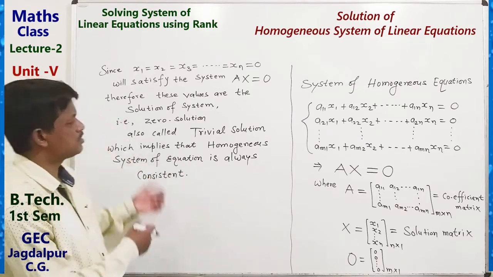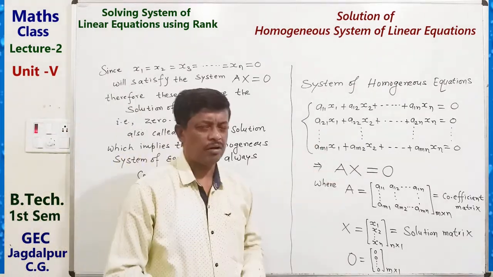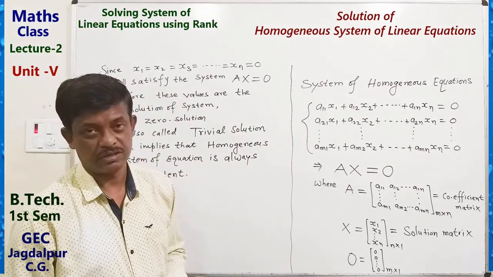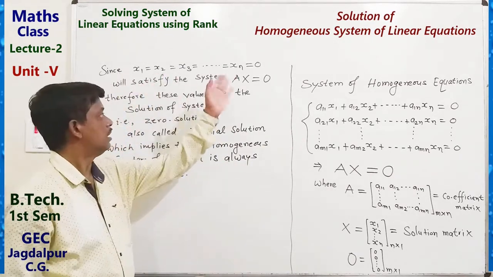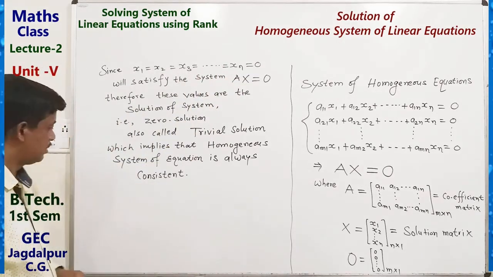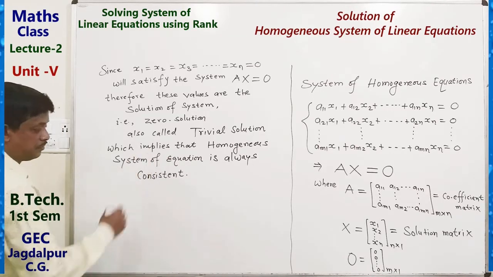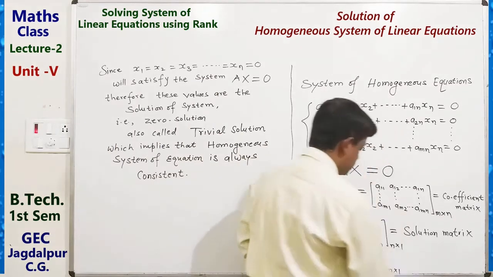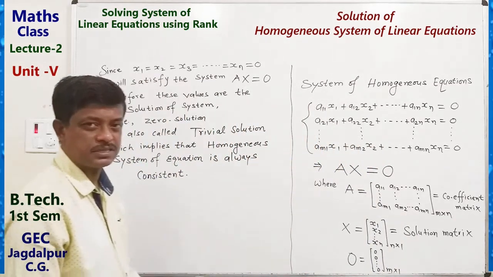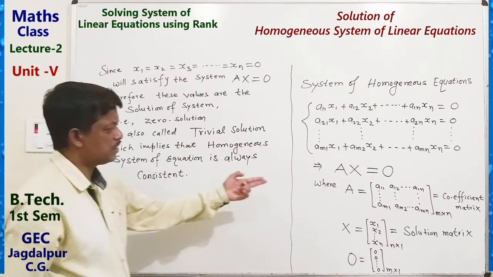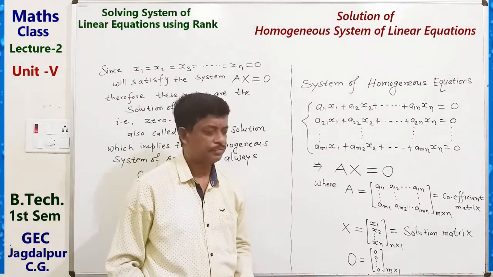But this is the trivial zero solution, so our main target is finding the non-trivial solution, that is, where the values of x, y, z, or x1, x2, x3 up to xn are not all 0. Just like in Rouche's theorem, we can discuss the coefficient matrix or augmented matrix here. The coefficient matrix A is an m by n matrix.